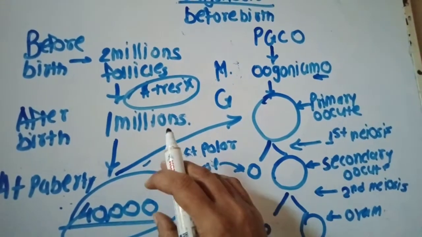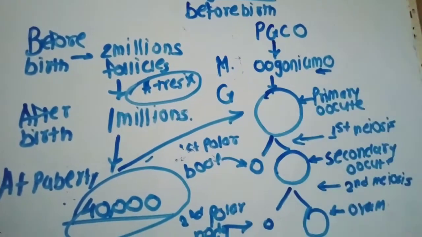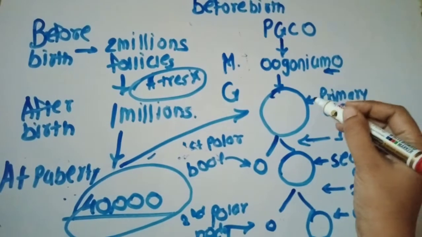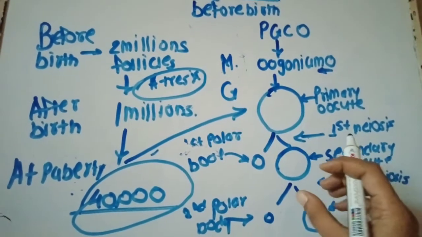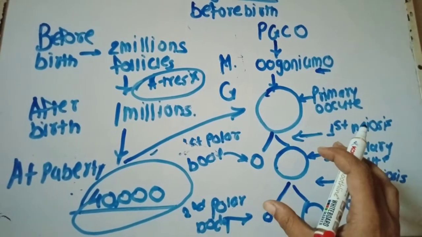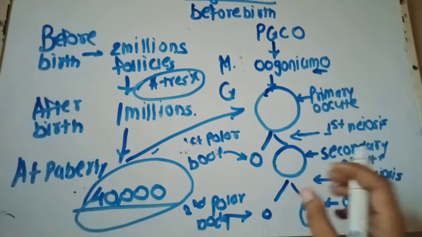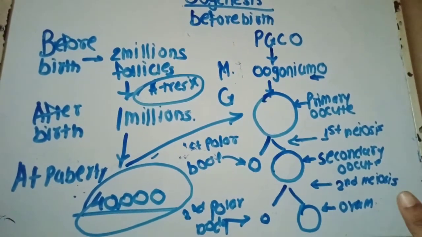So at puberty all the primordial follicles contain a primary oocyte. And at puberty every month, this primary oocyte converts into a secondary oocyte. It becomes a mature follicle and it ruptures, and the secondary oocyte, the ovum, gets released from the Graafian follicle.